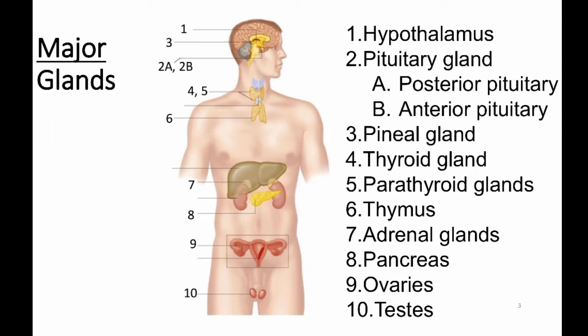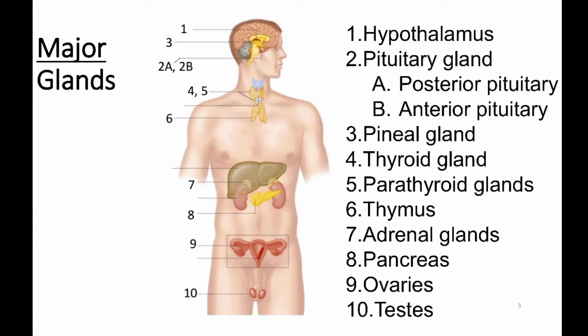Okay, so here are the major glands. Please, please, please, for your next exam and for the final, be able to identify what each of these glands are. You're also going to want to be familiar with what the hormones are that each gland produces and what the target tissues are.